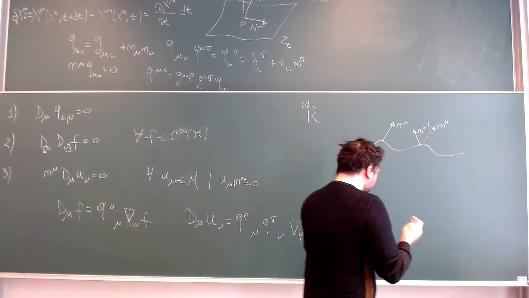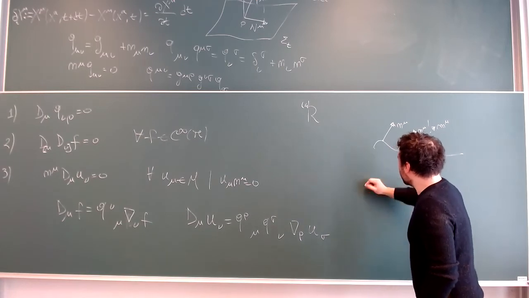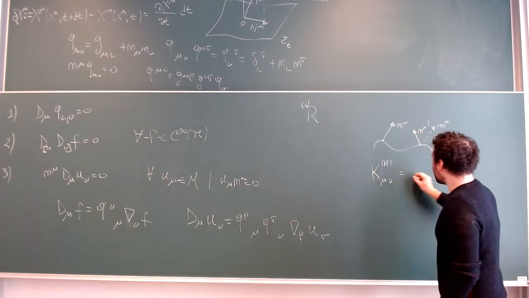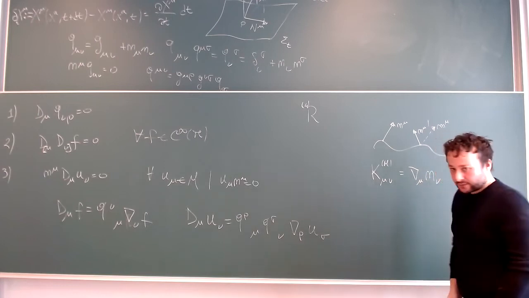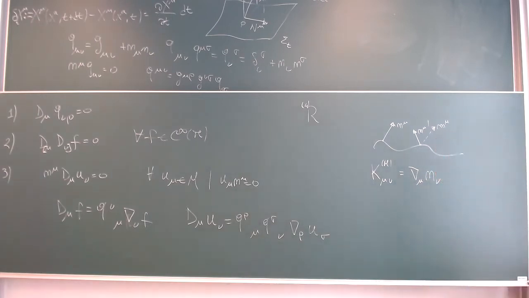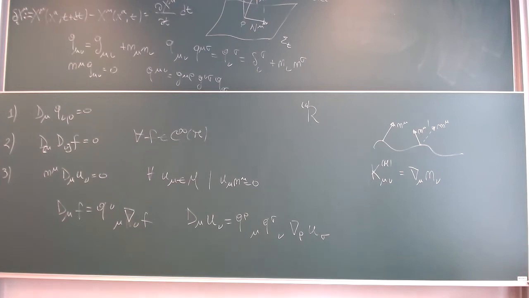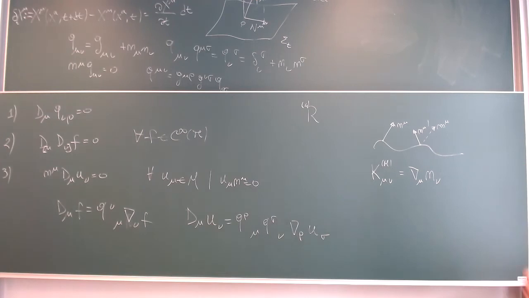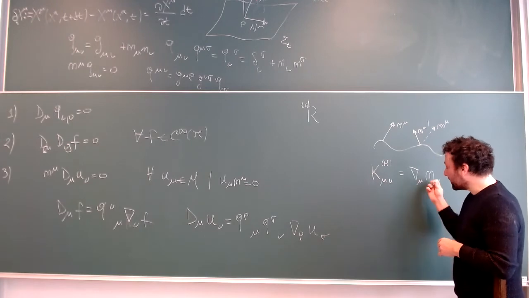I'm not going to do all the calculation, but we start from the fact that we call this K mu nu on M as the derivative d mu of n nu. It's not a definition. It comes from the mathematics, from the Weingarten map, which comes exactly from the orthogonal vector, as a tangent map at a point x.